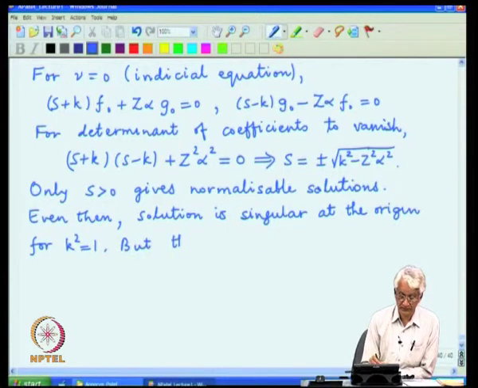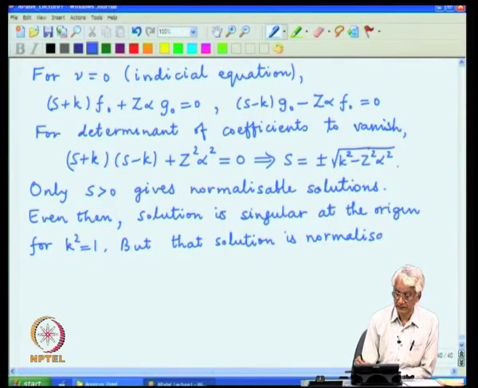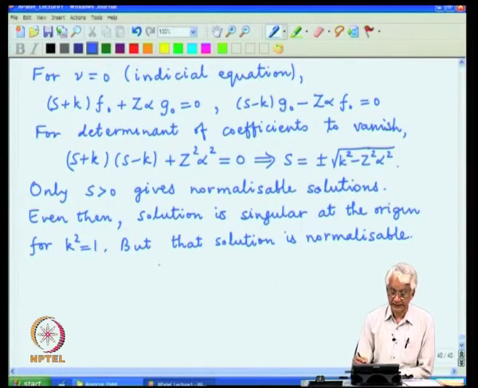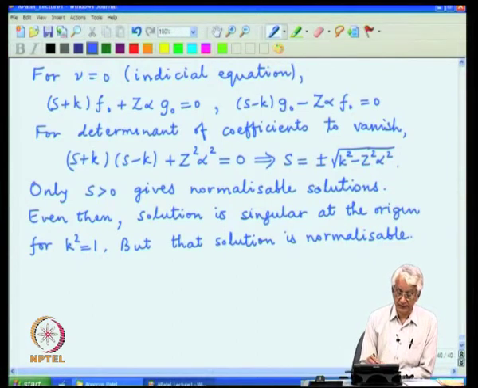but that solution is normalizable because there is a factor of r square in integrating over the 3-dimensional space in normalizing the wave function.